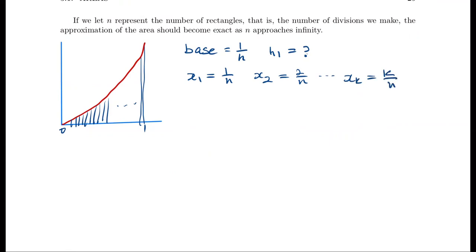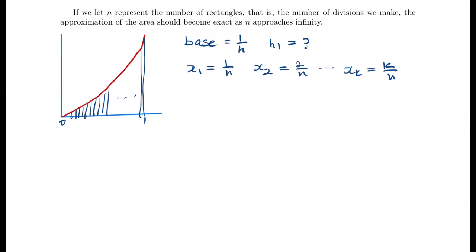So if we find the height at each of these, we attain that the height of f of x1 would just be 1 divided by n squared. And if we calculate it at x2, the height of this would be 4 divided by n squared.